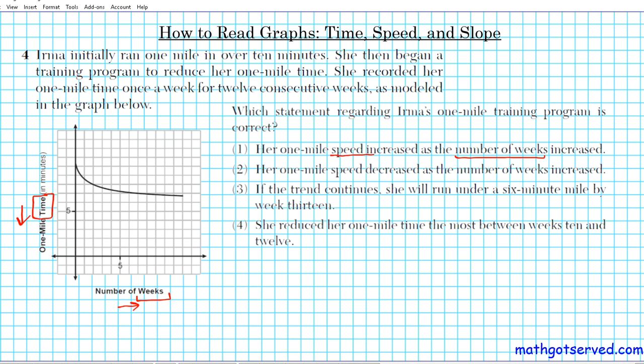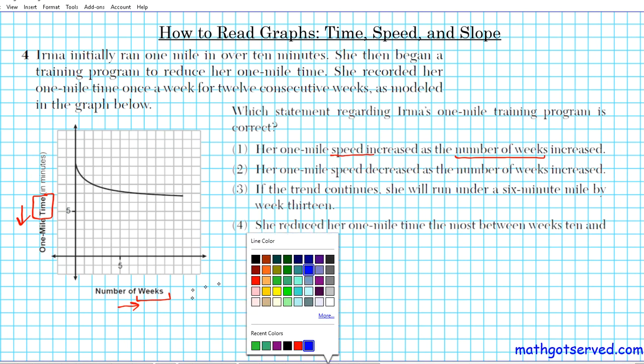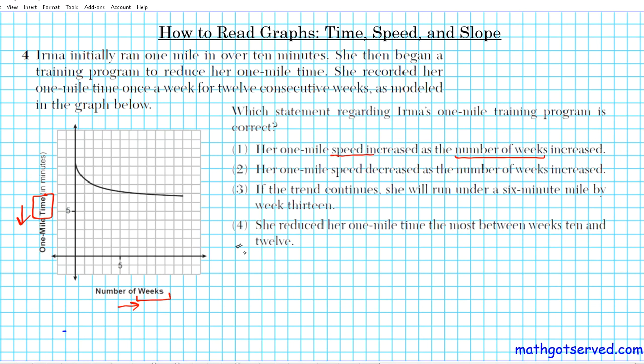In order to do that, there's something we want to note concerning the relationship between time and speed when the distance is constant. What you want to note is that the speed varies inversely with the time, with a fixed distance.